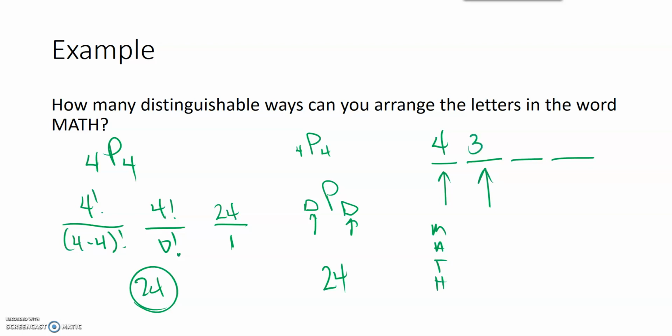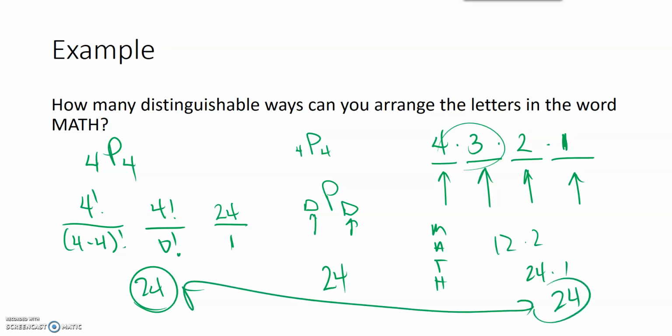So I only have 3 options for the second. Now 2 of them have been picked, so I have 2 options for the third. And last down here, everything's been picked but 1 letter, so I only have 1 option left. And when I multiply these together, 4 times 3 is 12, times 2 is 24, times 1, 24. I get the same answer.